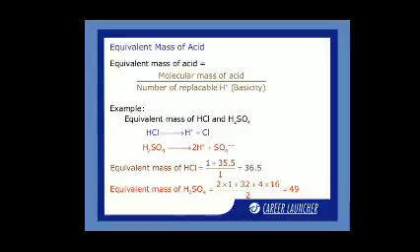Now the second acid, H2SO4. Ionization of H2SO4 gives 2H+ and SO4 2-. So the number of H+ ions replaced from H2SO4 is its basicity, equal to 2. For H2SO4: 2 hydrogens at atomic weight 1, sulfur atomic weight 32, 4 oxygens at atomic weight 16.